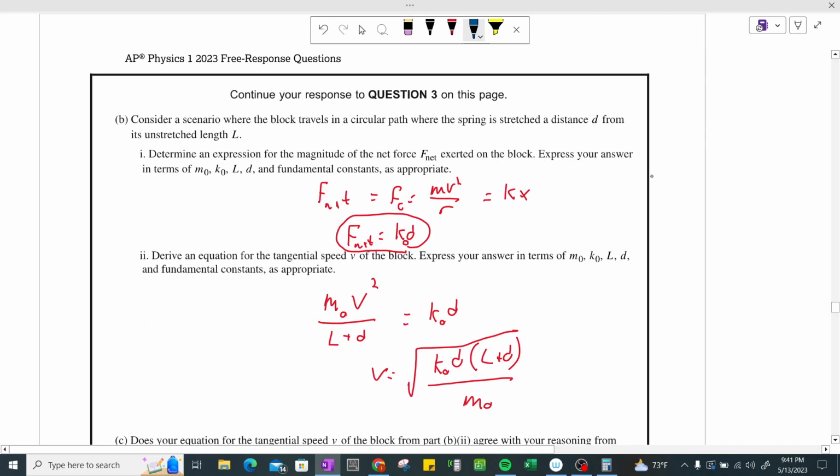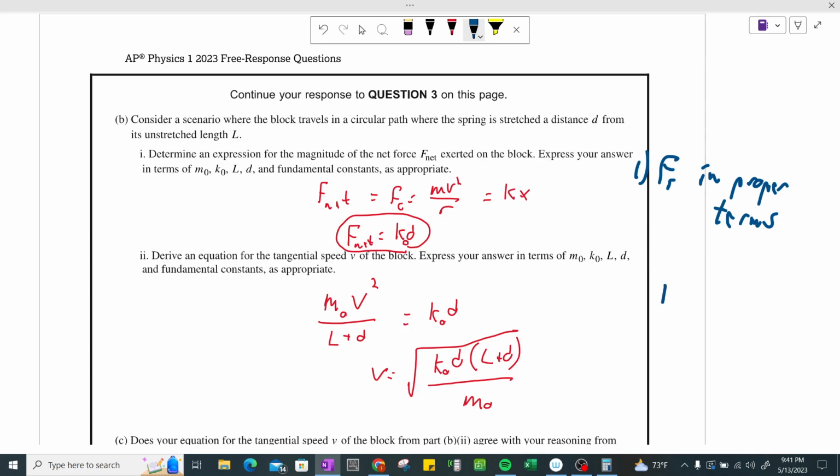This one was just the net force, so it's really just spring force is all we're looking at, in the proper terms. So make sure you don't just say F equals KX, because that's going to be a very common response. It says to express it in these terms. If you don't do that, you probably will lose points.